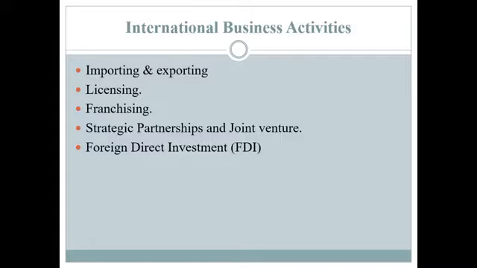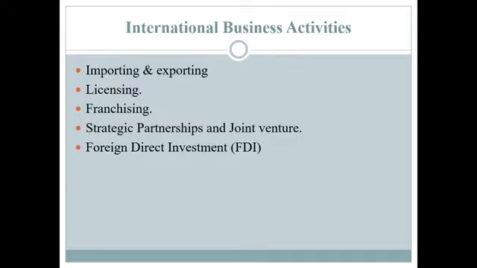What is franchising? Franchising is where a parent company gives a right to another company to do business using the franchisor's name and products in a prescribed manner.